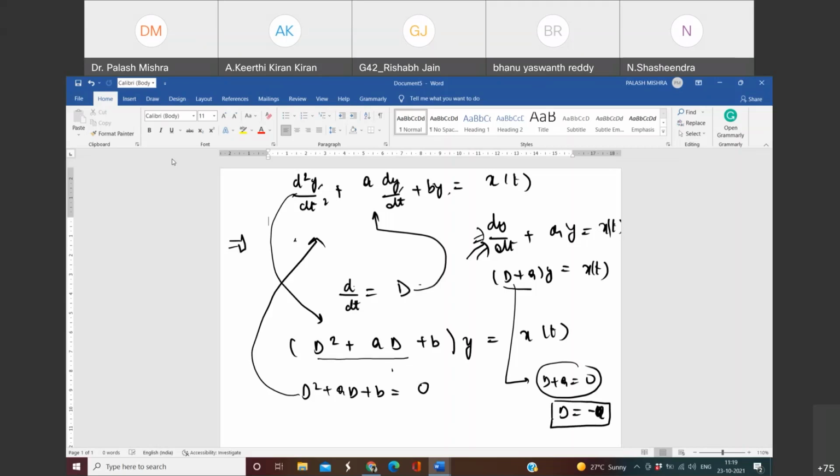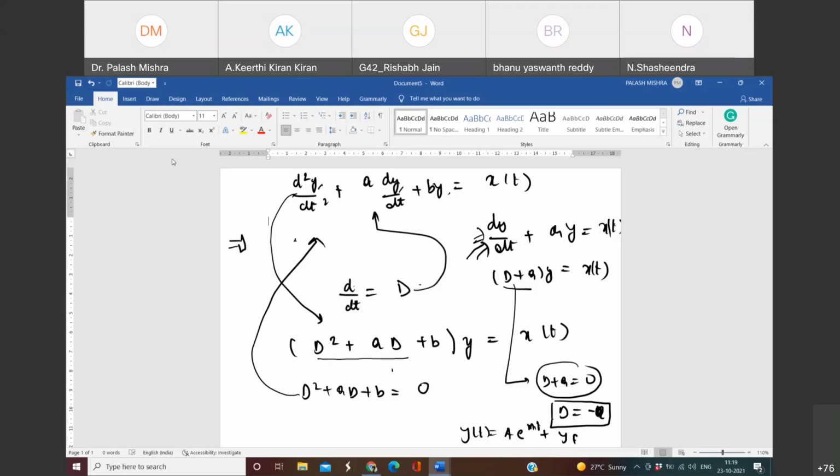So the answer y(t) was A e to the power of m1 t plus y_f. Y_f I am just ignoring now. I am just writing the natural response. So if you have to write the natural response of the system, you have to write its characteristic equation, find its root, and directly you put the coefficient of the exponential term as that root.